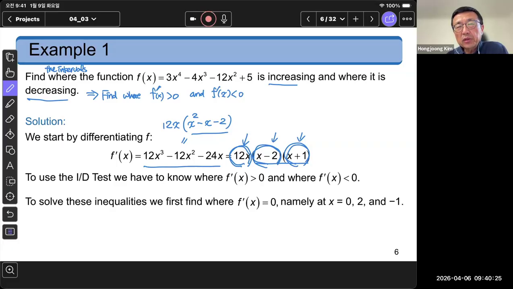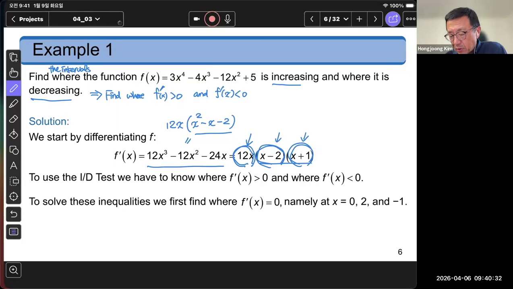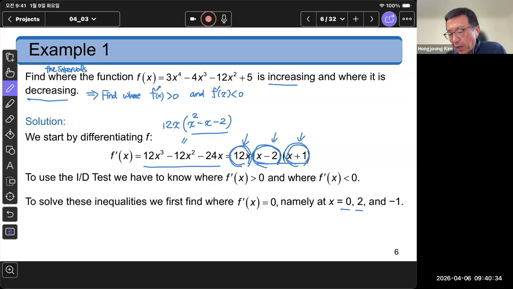And x plus 1 is 0 when x is negative 1. So f prime will be 0 at 0, 2, and negative 1. So that is the first step.